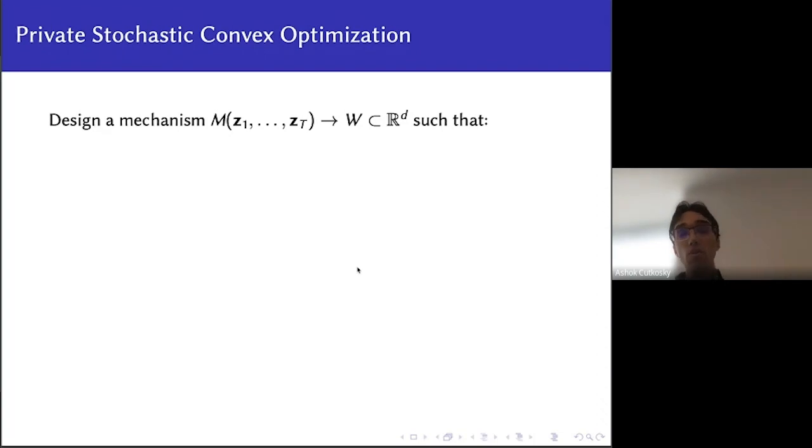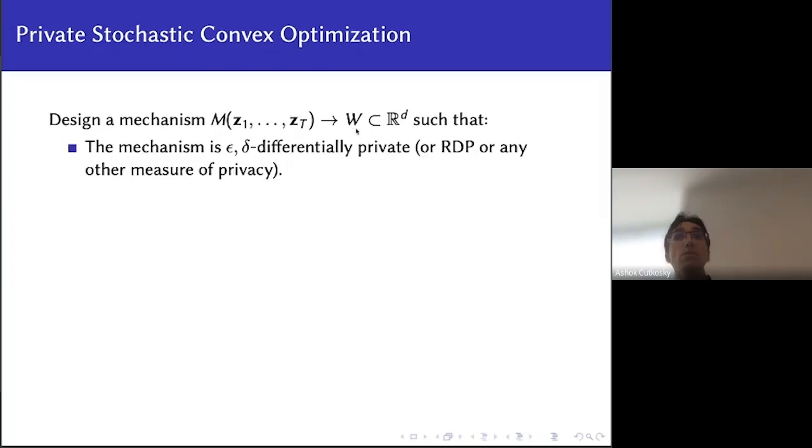So the whole goal then is private stochastic convex optimization, where we want to design a mechanism, some M, some randomized function that takes as input the data set and outputs some random element of the parameter space W. This mechanism should be epsilon-delta differentially private. And actually in the paper, we work with RDP. You could imagine trying to do this with some other measure of privacy.